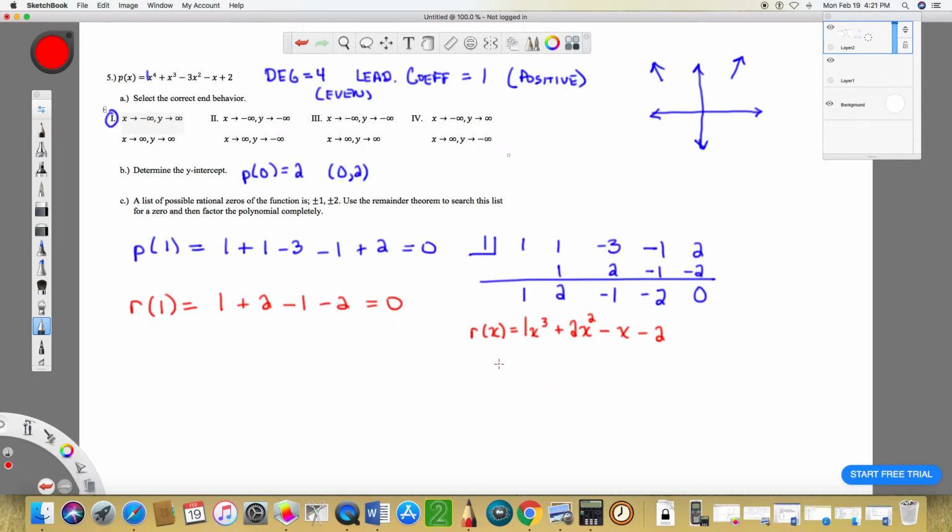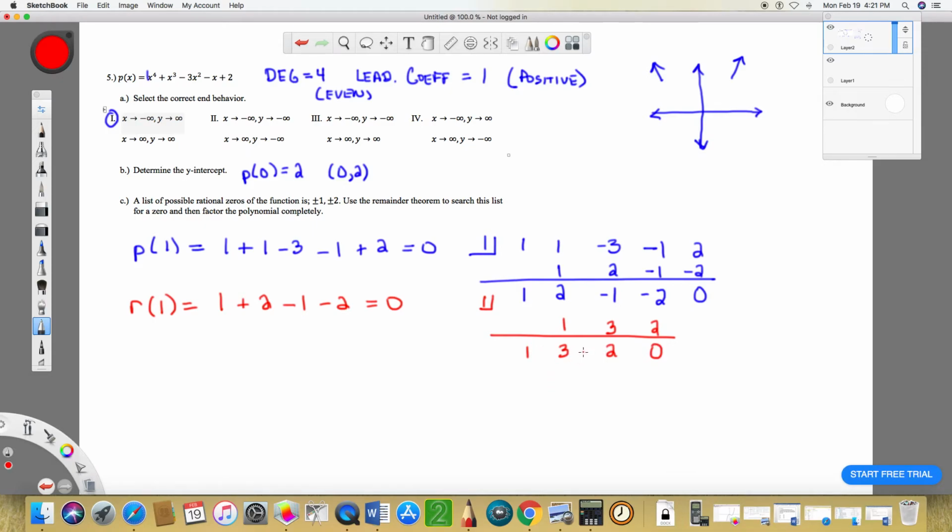So if we do synthetic division again with a 1, now we have a quadratic.